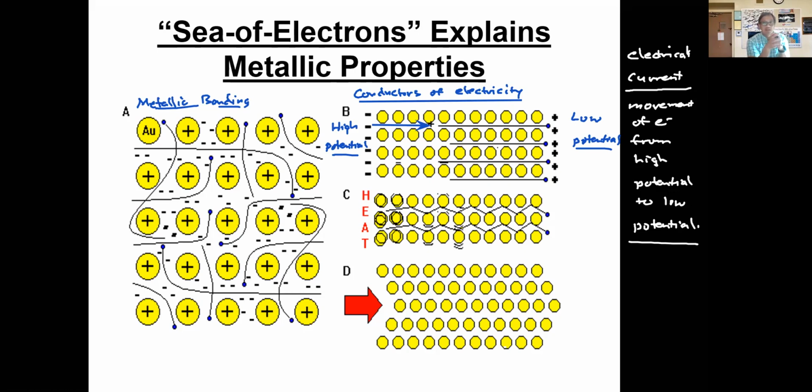How is it then that metals are good conductors of electricity? How can we explain that? Let's use our metallic bonding example to help us out. Here is our electron on one side. I'm going to color it in red so you can see it. It wants to get to the other side, so let's draw that in.